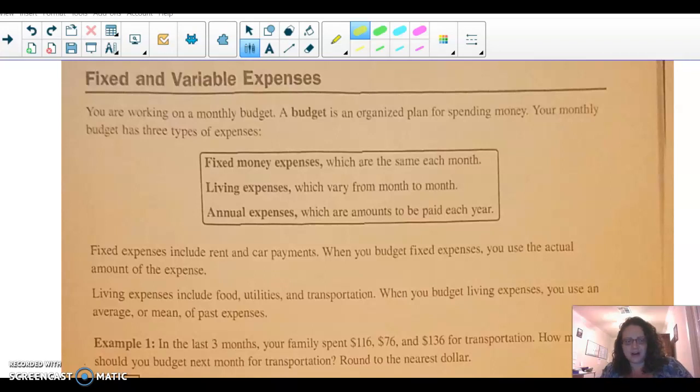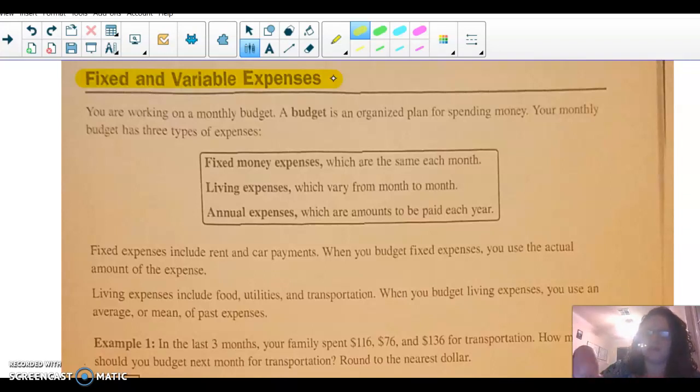So this is our week 3 distance learning lesson for day 2. So week 3, day 2 lesson. It's going to be over fixed variables and expenses. So whenever we are talking about our personal finance unit, there's something that we need to talk about called a budget.